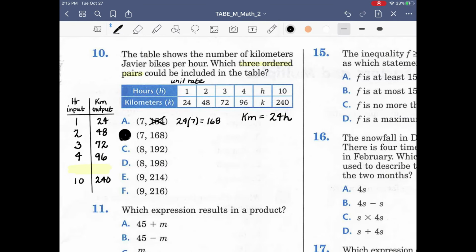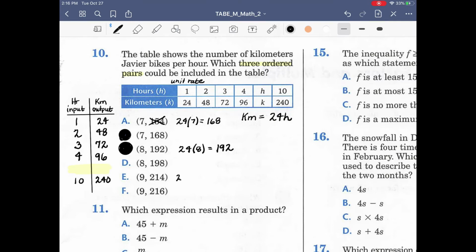When the input is 8, 24 times 8 on the calculator is 192. So this is a true one, which means that D cannot be true. It can't be both 192 and 198. It has to be one or the other.